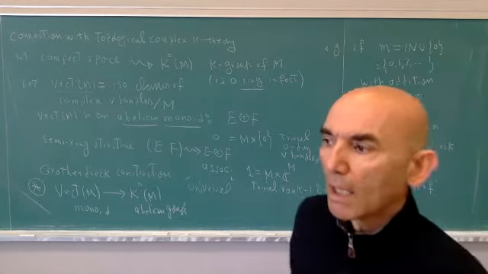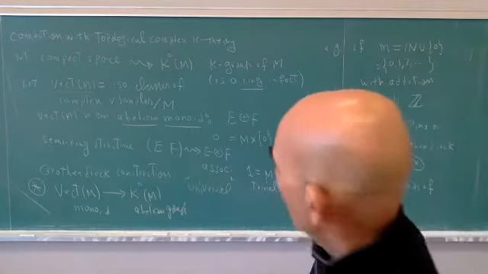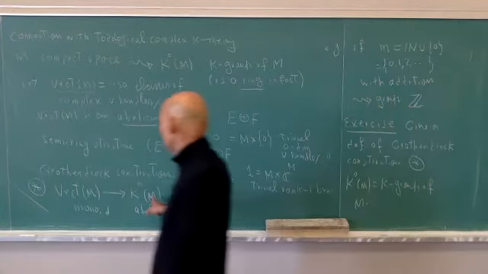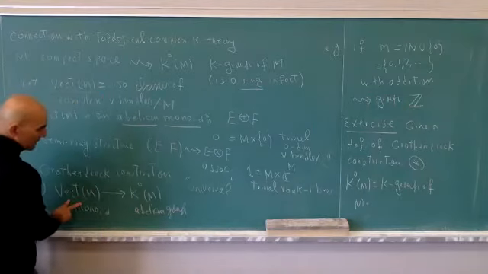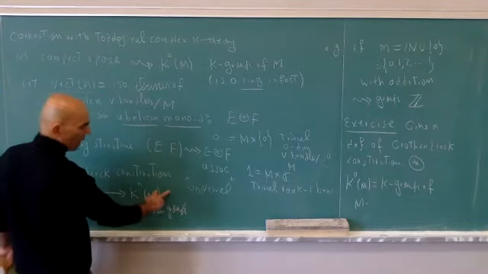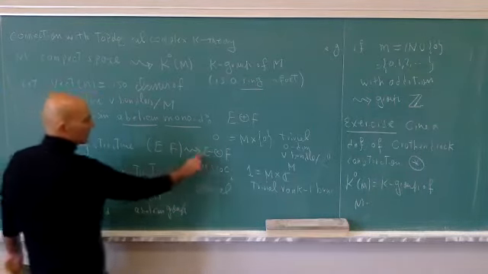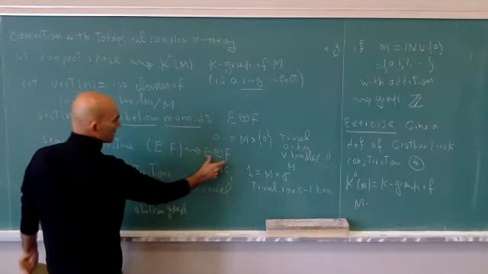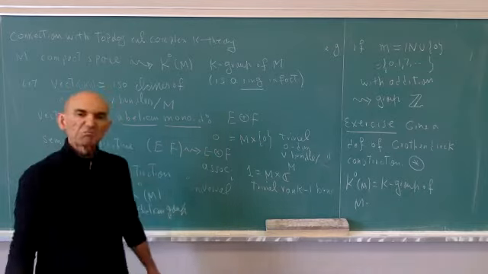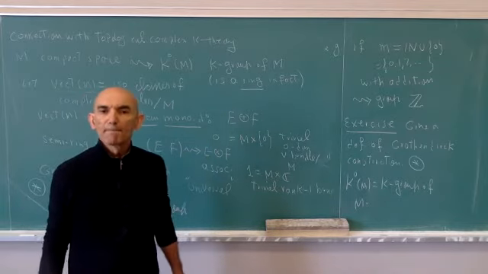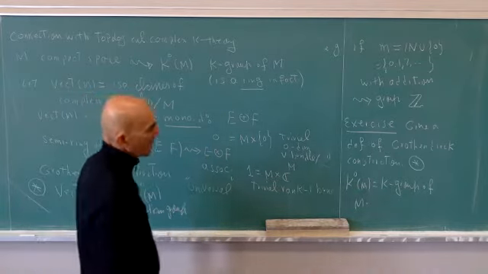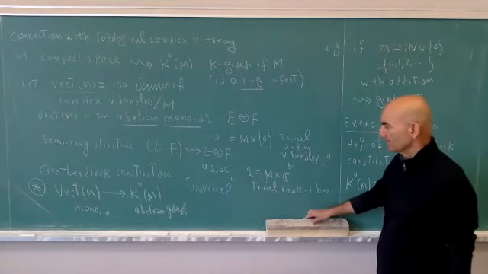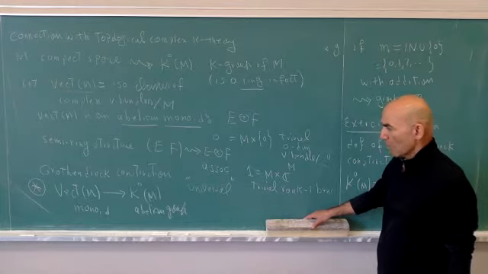How does the multiplication go through? Well, because these elements here are going to be classes of these things here, you just multiply those classes, and you check that this is independent of the choice of class. So this works, basically. You check that it works. And this is part of the exercise here. Okay?